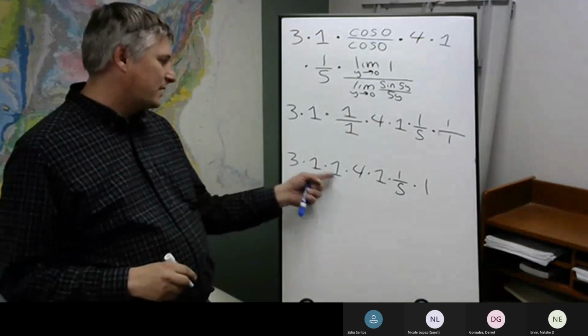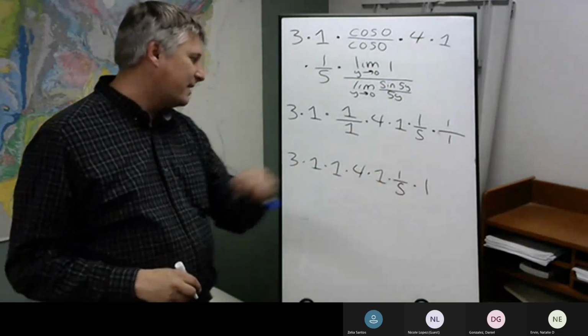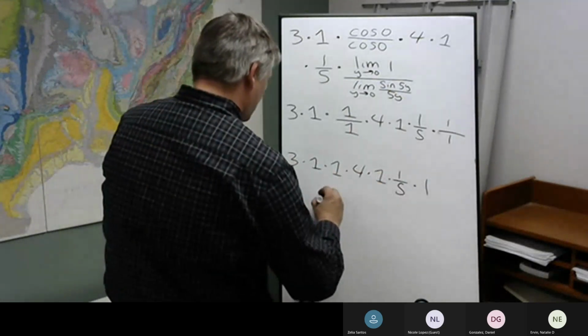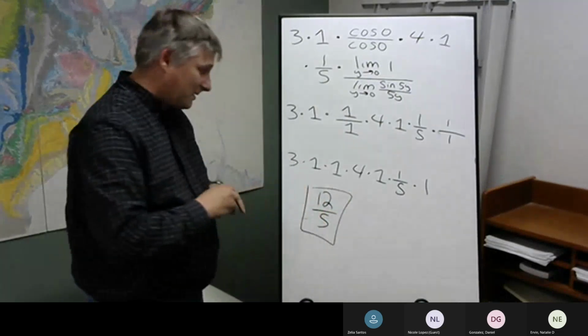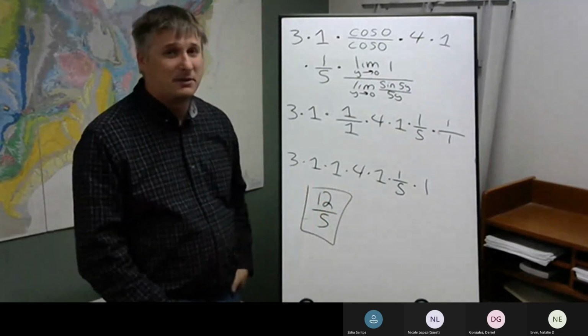So 3 times 1 times 1 times 4 times 1 times 1/5 times 1, this will come out to 12/5. Whew. And that's going to be your answer.